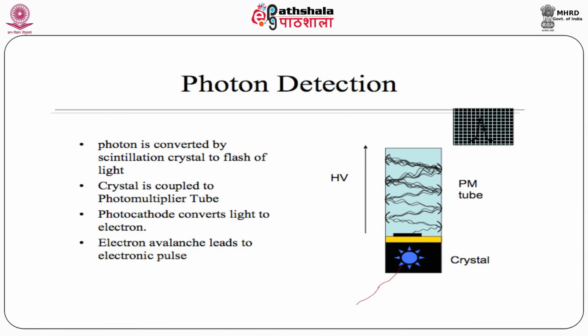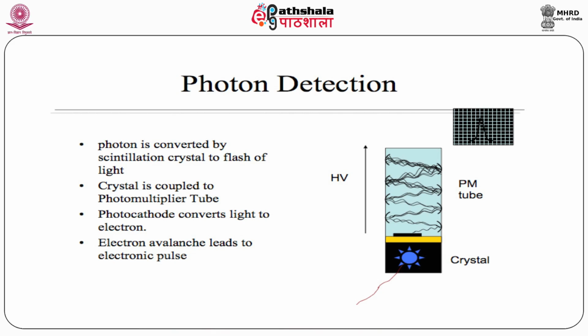The photon is converted by a scintillation crystal into a flash of light. This crystal is nothing but a sodium iodide thallium-activated crystal. Thallium is a dopant material and sodium iodide is the detector. When the photon hits, light is generated.